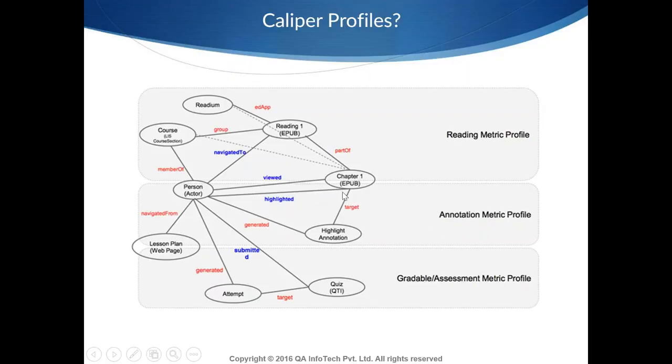All that data will go as part of annotation. And if the student is attempting an assessment or a quiz, then the person is submitting the quiz and an attempt is generated, and that is happening through the gradable or assessment metric profile.